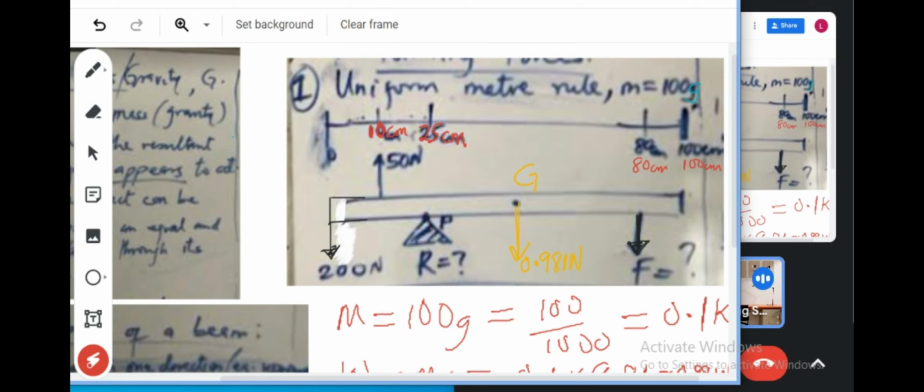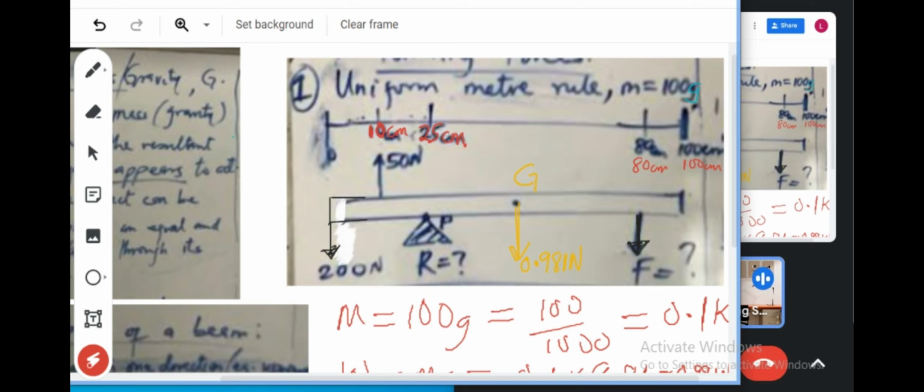Will it turn it in the clockwise direction? Are you thinking?